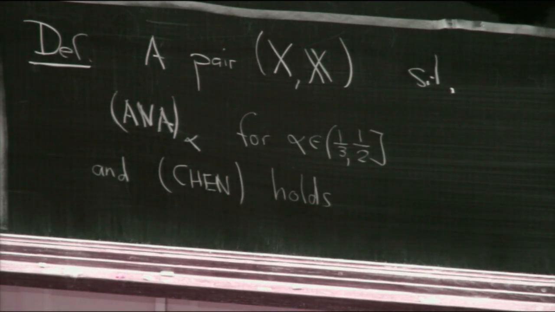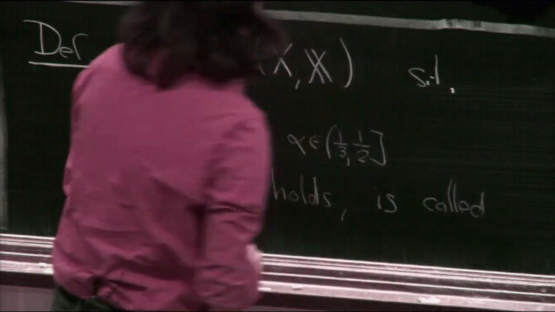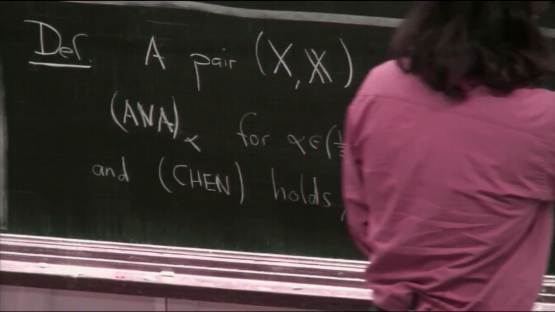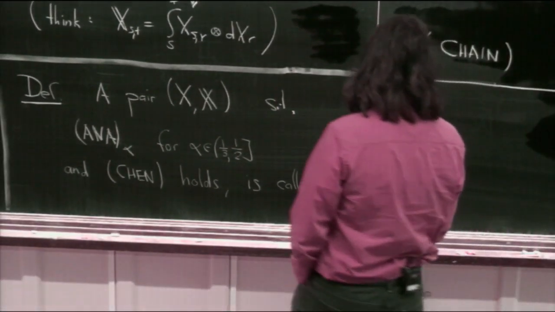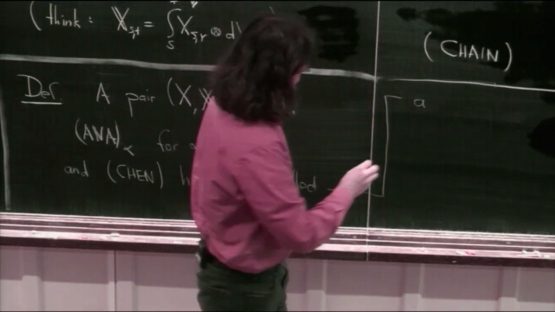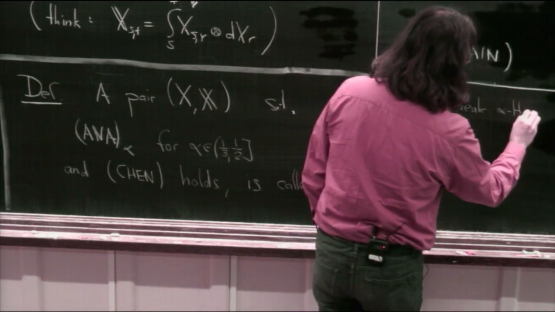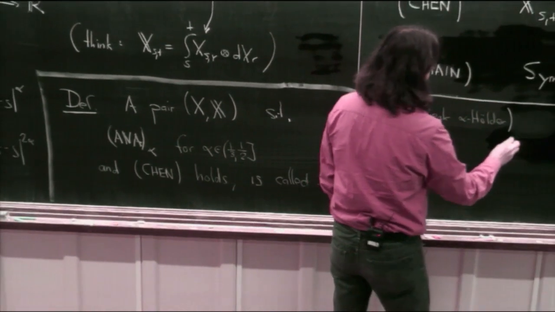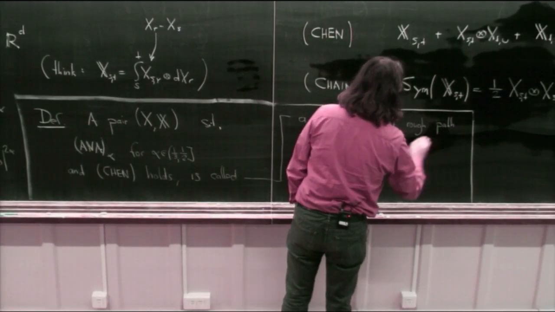So again, a pair X, bold X such that the analytic condition holds and the Chen relation holds is called a weak alpha Hölder rough path.